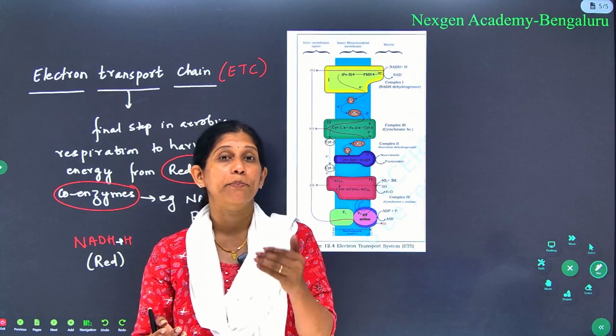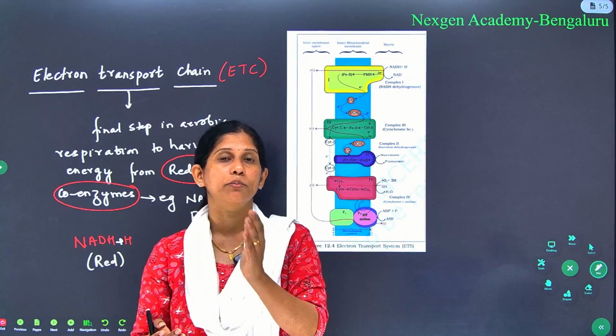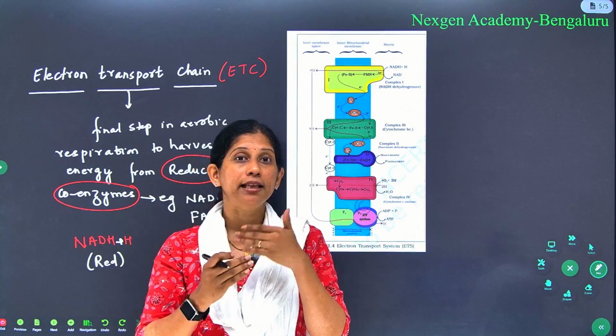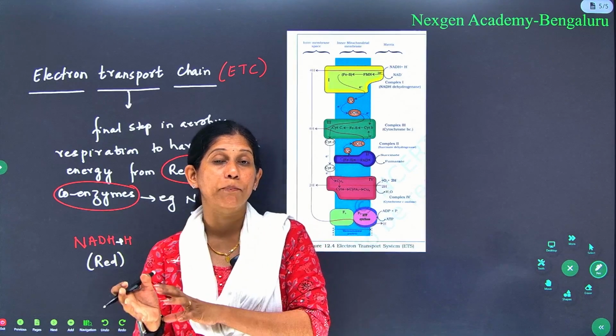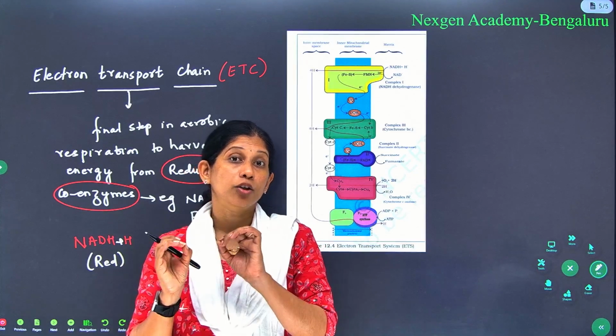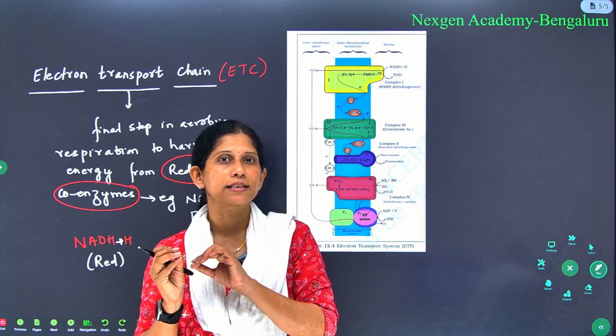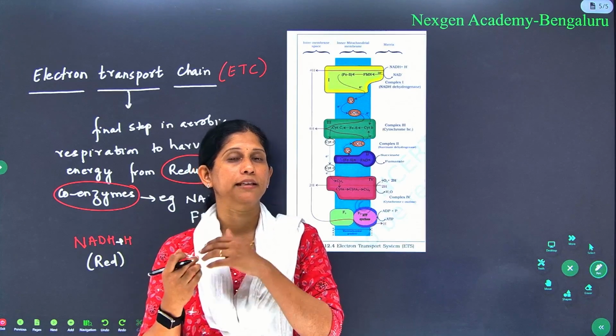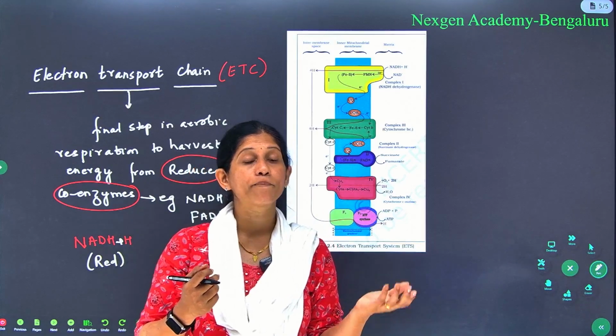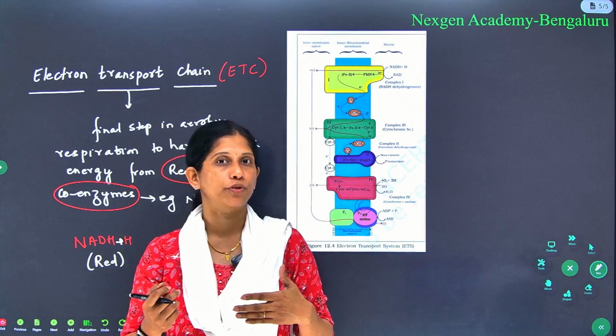There is one more example, FMN, that is flavin mononucleotide. All these components are known as coenzymes, right? These coenzymes can be present in two forms: in oxidized form or in reduced form, right?